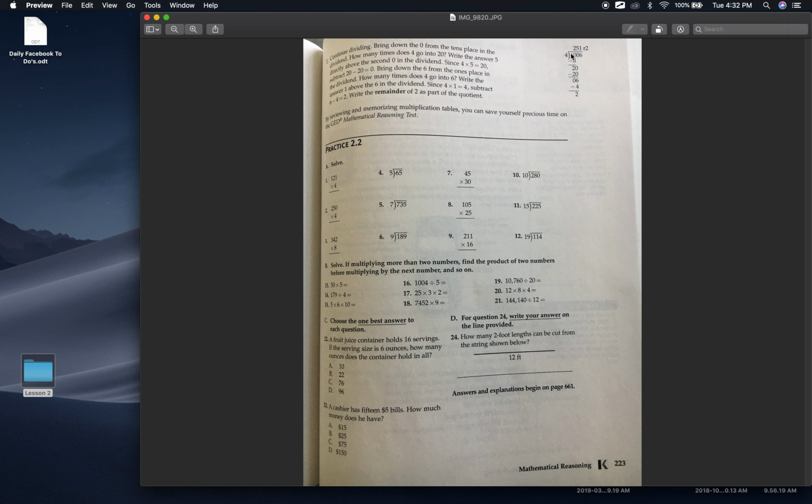So, if there were more numbers here, we could keep going, bring down the other number, put it here. 4 goes into that number how many times? But since there are no more numbers here, whatever is left here is the remainder. Okay, so we put R, which signifies remainder, and then 2. This lets us know that 4 does not go into 1006 evenly. It does go in there 251 times with 2 left over.